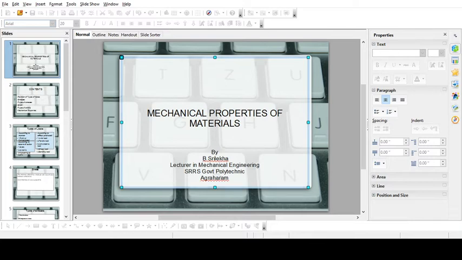Here the effect of the load is tangential. It means one face of the body may be pushed forward, whereas the other face remains as usual, and this is measured in terms of angles. So shear stress is equal to shear load by area of cross section.